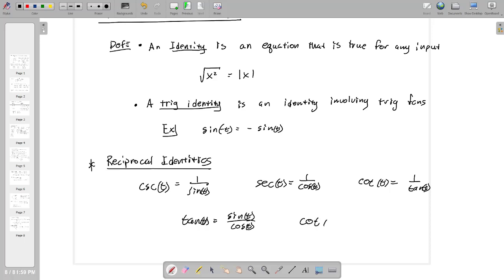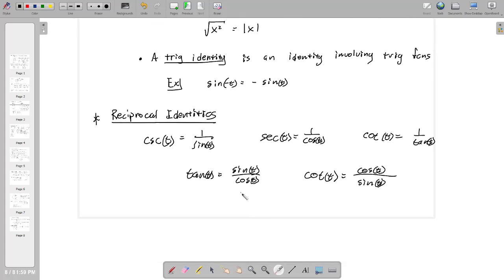And cotangent t is equal to cosine of t divided by sine of t. I don't know why books do this. They put these two identities in with the reciprocal identities. I don't know why they do it, but most books do this. So we can just give them here. It doesn't really matter as long as you know the identity. Tangent is sine over cosine, cotangent is cosine over sine.